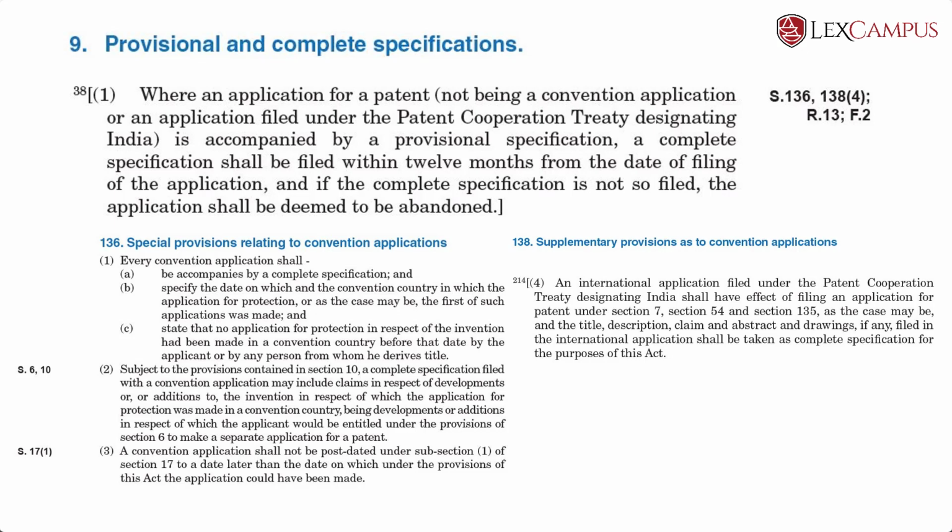It is the task of the applicant to ensure that he does everything within the timeline to get the application granted. So, the patent system itself is structured in such a way that there are timelines for doing things. If you fail to do those things during those timelines, your application will be treated as abandoned or withdrawn. So, this is something which will appear in other parts of the Act and the rules as well.